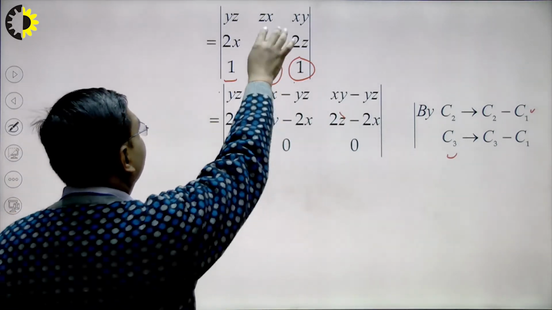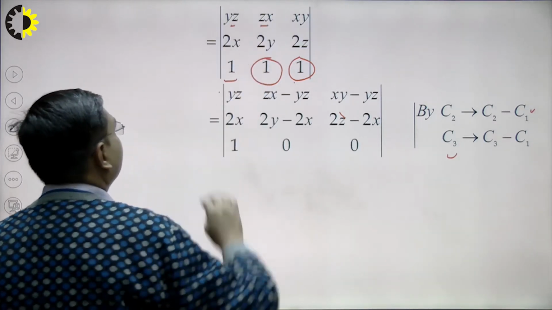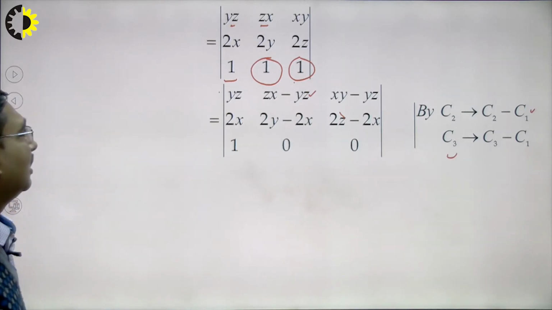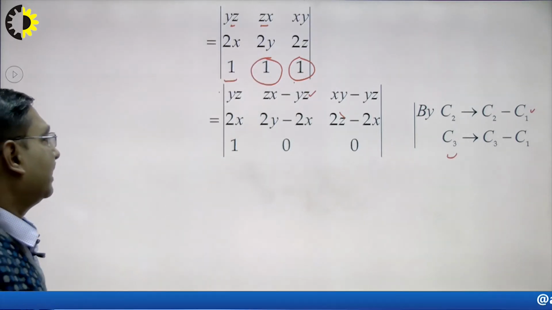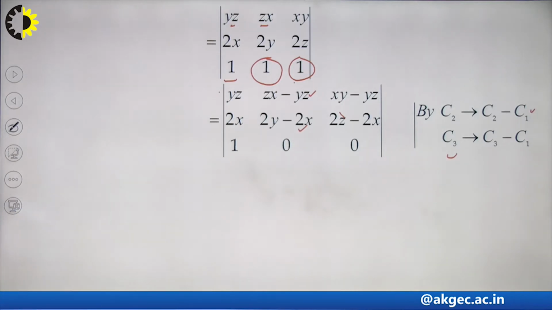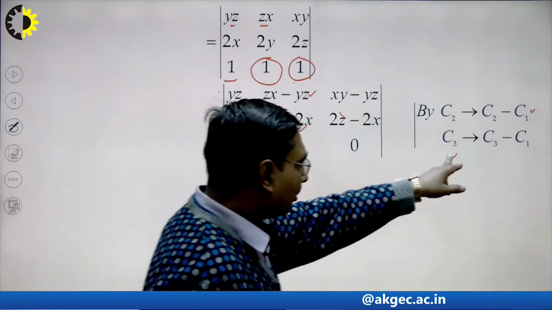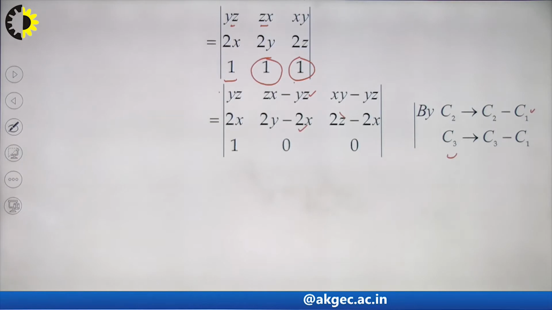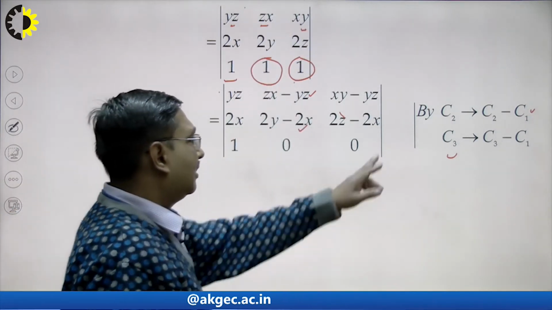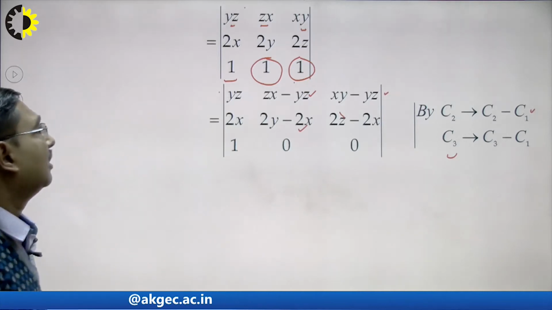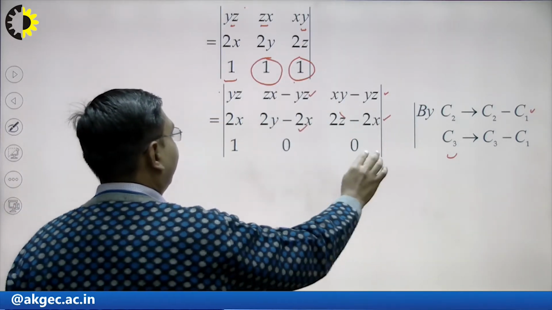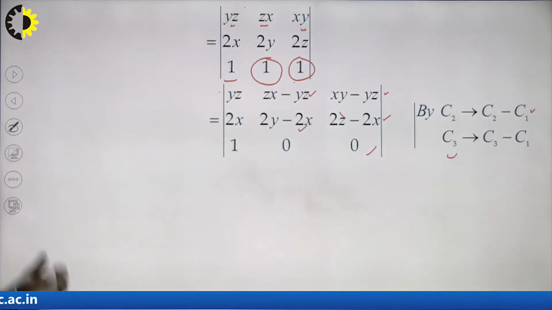By C2 minus C1, I obtain xz minus yz as this element, 2y minus 2x becomes the next element, and the third we have already seen is 0. From C3 replaced by C3 minus C1, I obtain xy minus yz as the first element, 2z minus 2x as the second element, and 1 minus 1 as the third element.